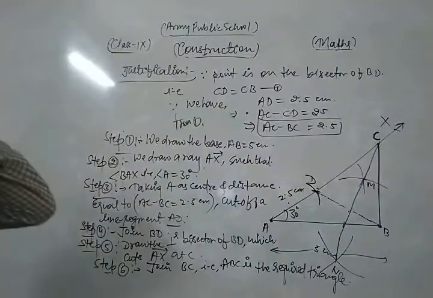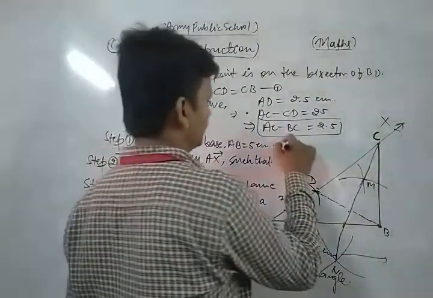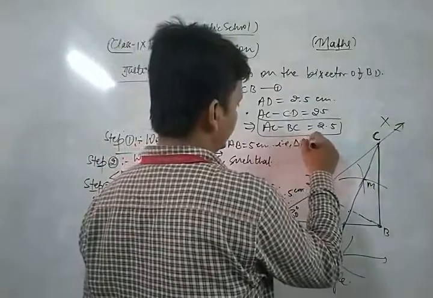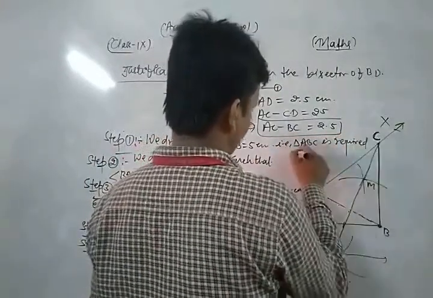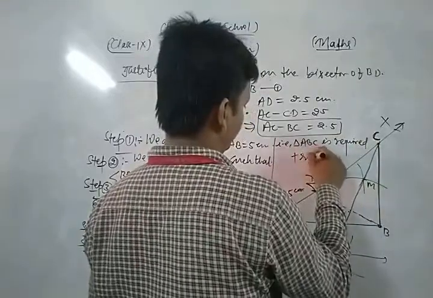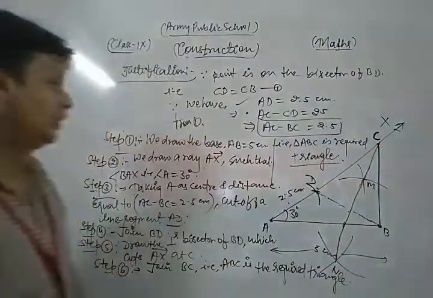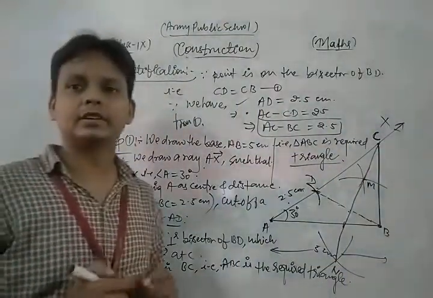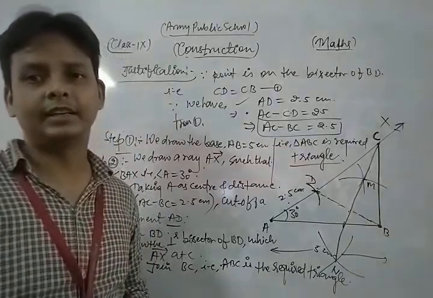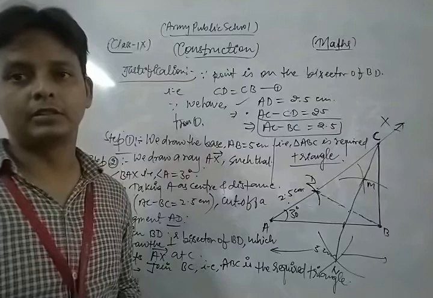Hence ABC is the required triangle, and it is justified also. In this way you can construct each and every triangle of your syllabus.